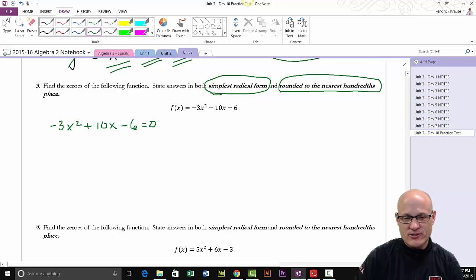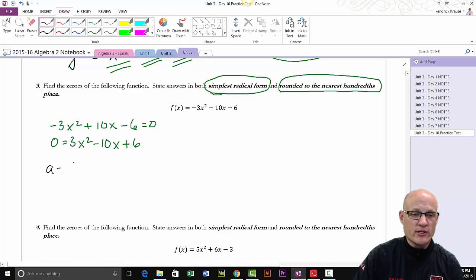Well, I can't factor this, and I can't use completing the square. And by the way, I don't like my a being negative, so I'm going to move everything to the other side. So 0 is equal to 3x squared minus 10x plus 6. So I'm going to use the quadratic formula.